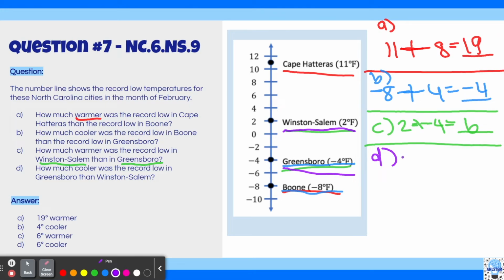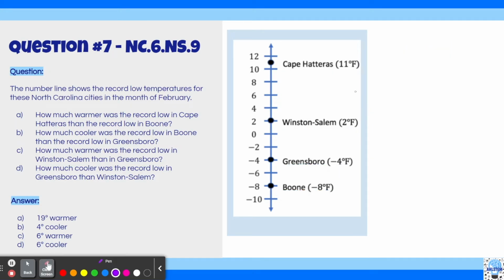In Greensboro, then in Winston-Salem. Oh, Greensboro's not -6. Oh no, I cleared everything. Sorry guys, but it's okay. Let's do D, because you guys should have been comparing anyways, so it's okay.